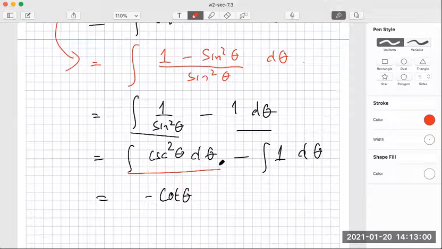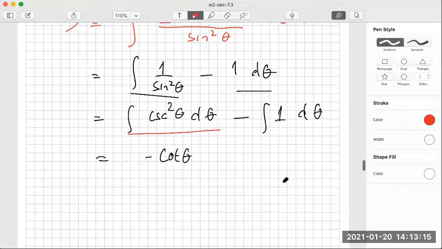You can double check it in the differentiation table. Or we can do it together. Do you want to review that formula? Okay, you can do it.